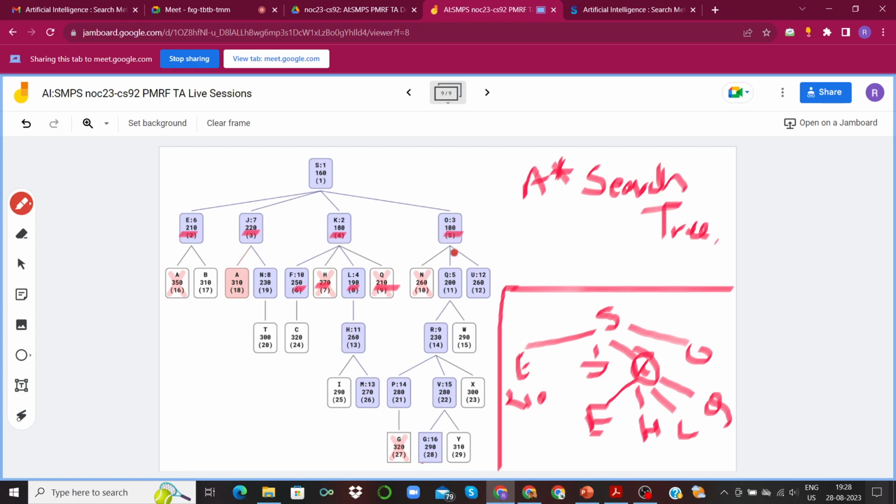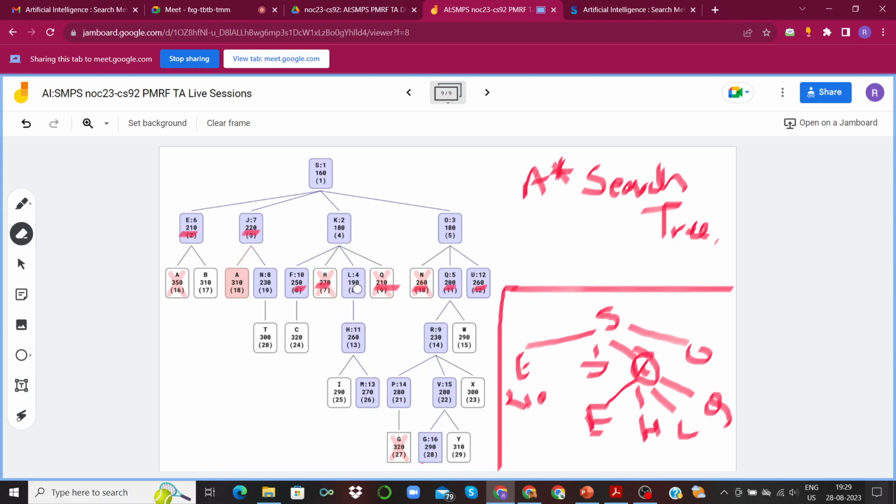So we are going to expand or refine O next. Again, O has three possible children, N with cost 260, Q with cost 200, and U with cost 260, right? So again, from amongst all these, the lowest looking cost is that of L, right? With cost 190. So we're going to refine L next.